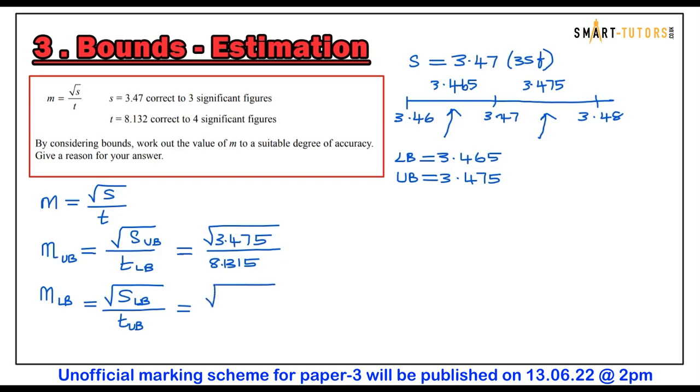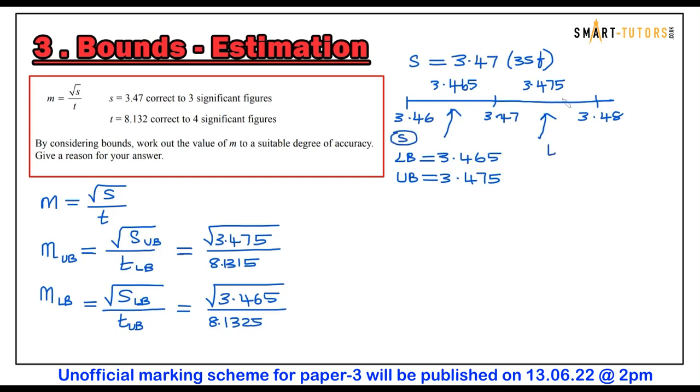And here, square root of 3.465 divided by T's upper bound, which is 8.1325. So this is the value for S, right?